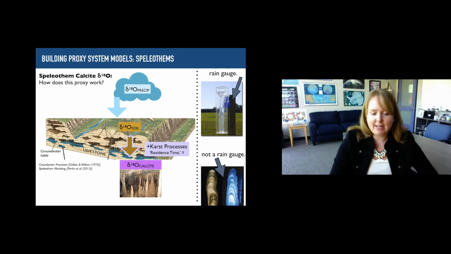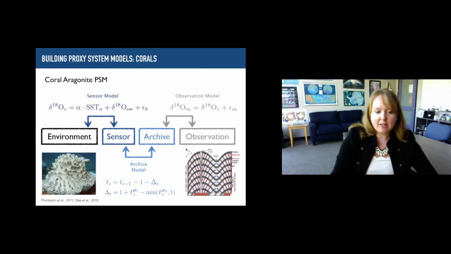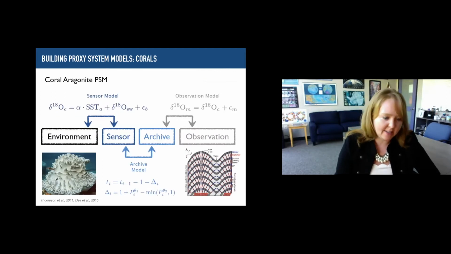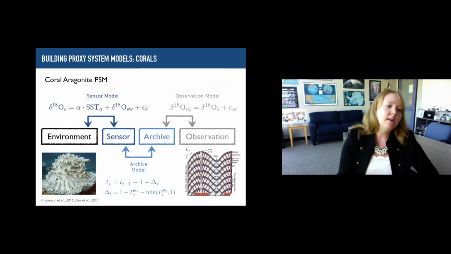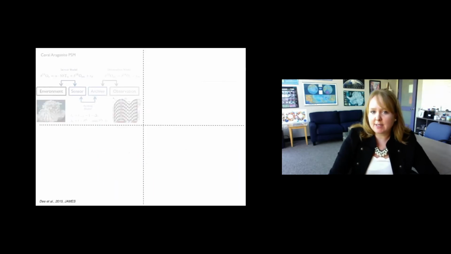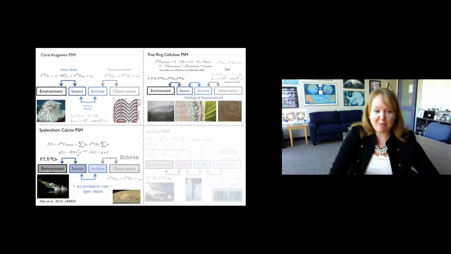So again, we can mimic all these processes in our proxy system model. We've also built, starting with the initial work of Diane Thompson back in 2011, simple coral aragonite PSMs that again respond to local changes in sea surface temperature and the delta 18O of seawater. And as I mentioned, we can repeat this process for any type of proxy we want.